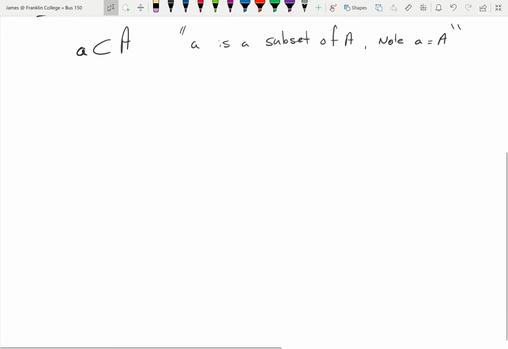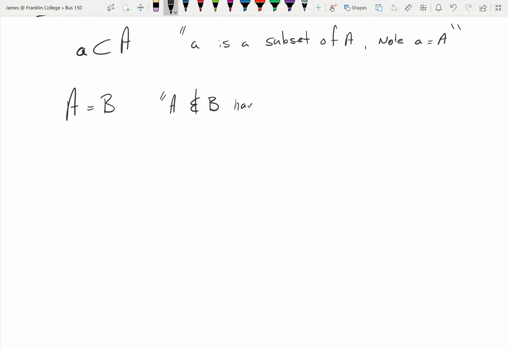Alright, we're also going to say set A is equal to set B if A and B have the exact same elements.